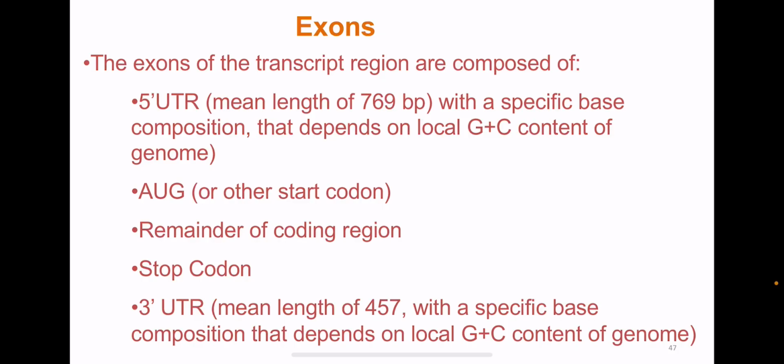And for the exons, there is no particular site that marks the start point of an exon. So far as the introns are removed, all the other remaining sequences are exons and they are going to be joined. Mostly we count them or refer to them within the open reading frames, from where the start codon is to where the stop codon is.